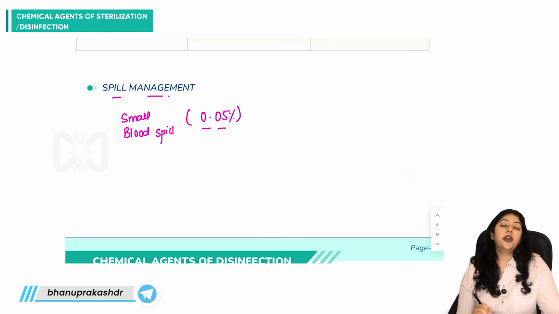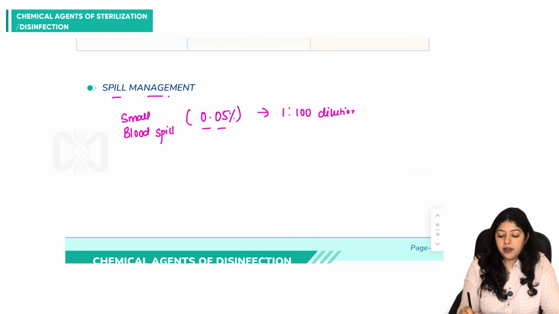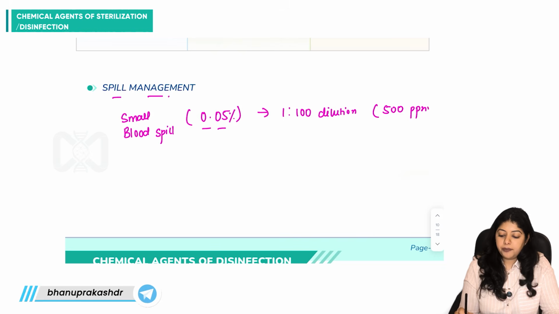We require a 0.05% concentration of sodium hypochlorite, which is 1:100 dilution or 500 ppm.